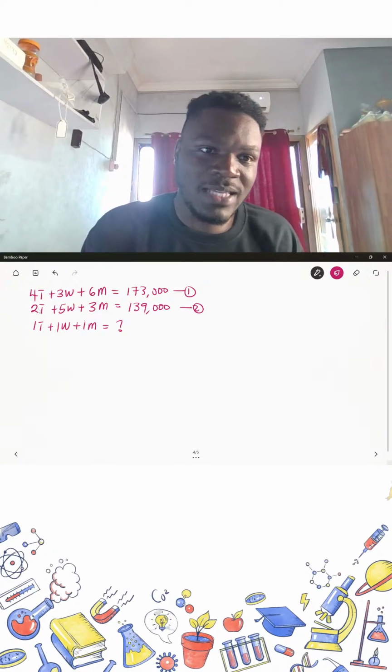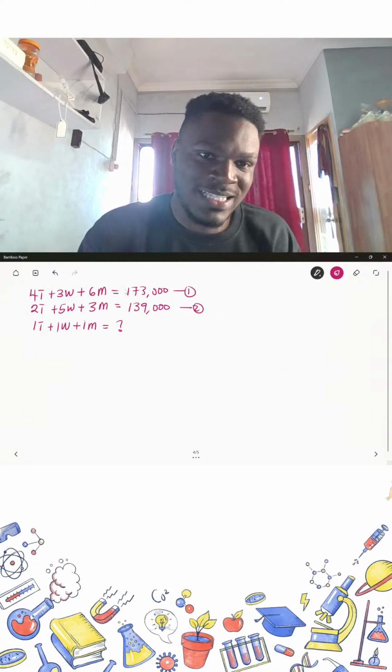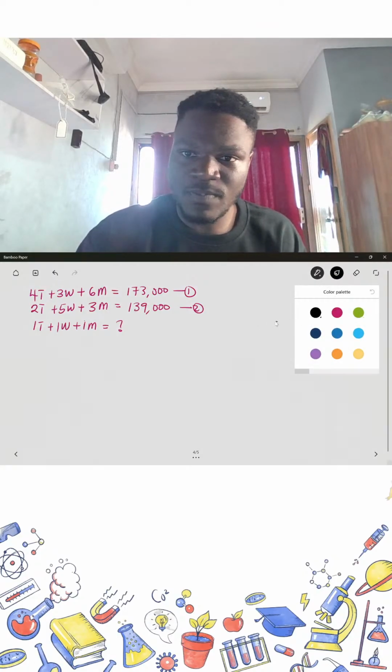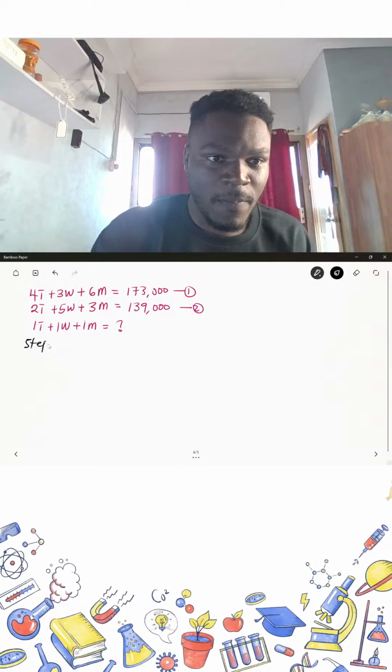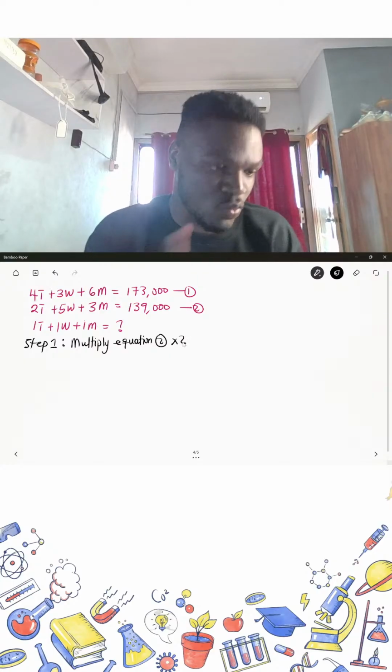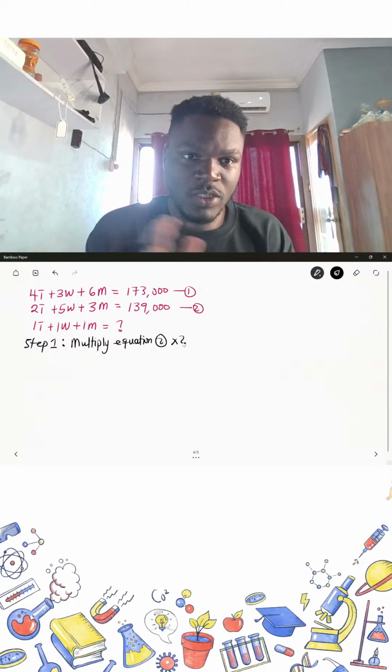Now we need to solve this equation. To solve this, we can see that equation 2 has 2t and then 3m. If we multiply equation 2 by 2, we will get 4t and 6m, so we can cancel out. So the first step is what? Let me use a different color so that you can understand well. So I'll write here step 1: multiply equation 2 by 2.